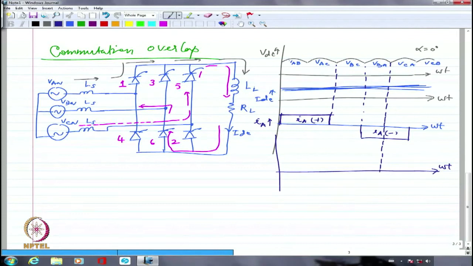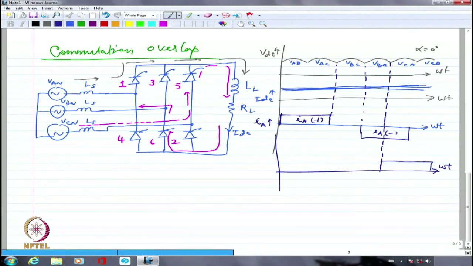Because wherever C is positive, that is device number 5 current. So it should have started like this and then it should have gone like this. It should have again conducted abruptly and it should have ended abruptly after 120 degrees. And after 120 degrees, I fire one and one should start conducting. That's how it should be.